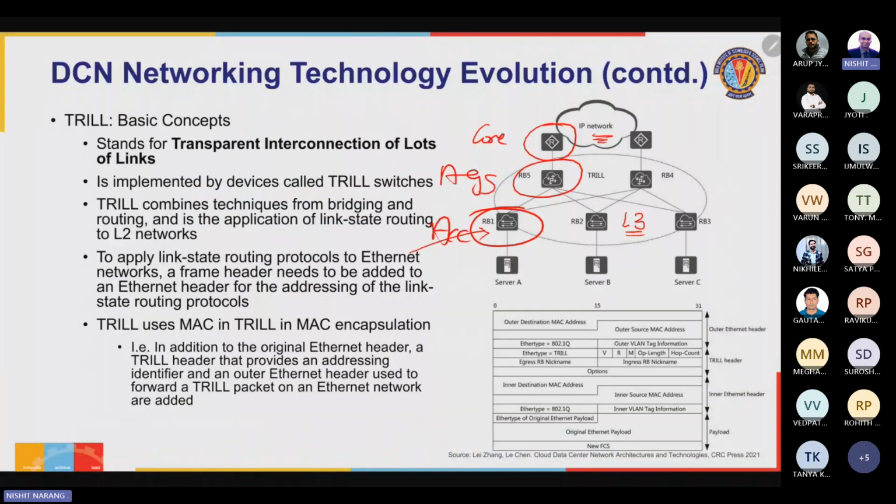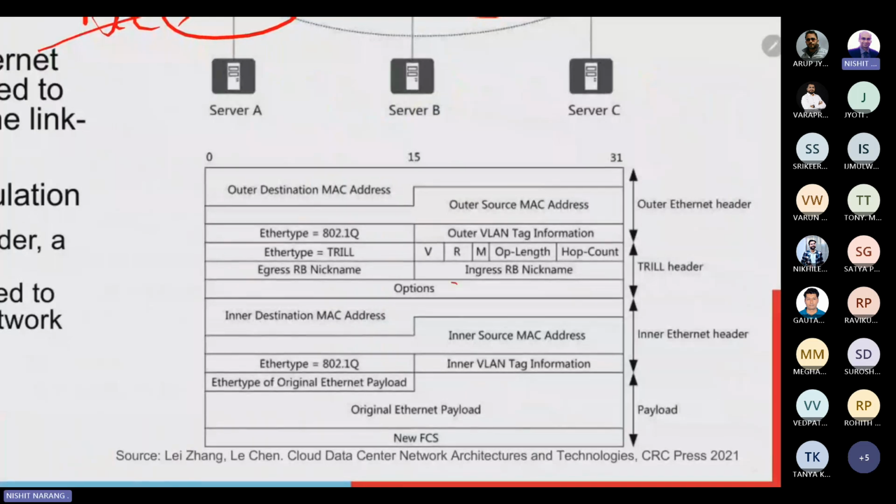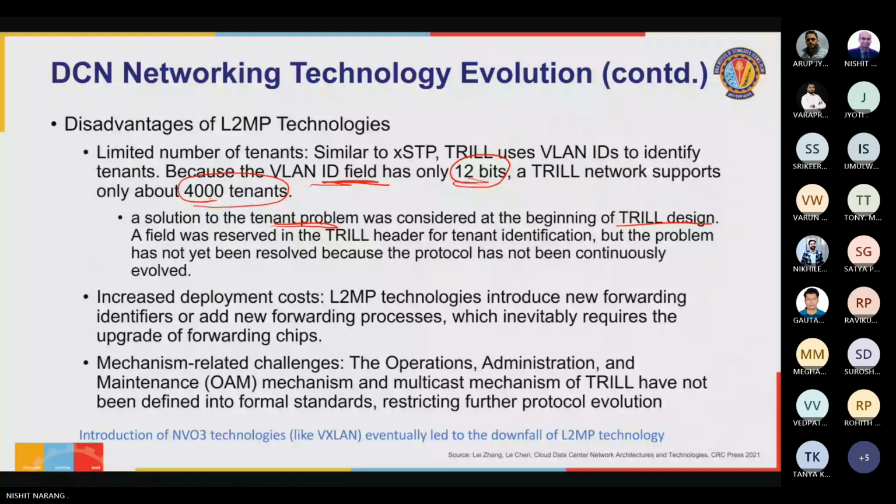I'll show you the Trill protocol header again. See this options field over here? They reserved 32 bits in the Trill header. Okay? So a field of 32 bits was reserved in the Trill header, which they said they will use later. Instead of VLAN ID, they will use this field for tenant identification. That's what the plan was.